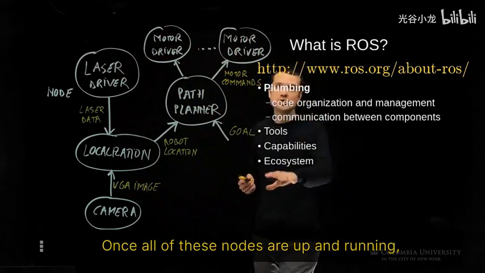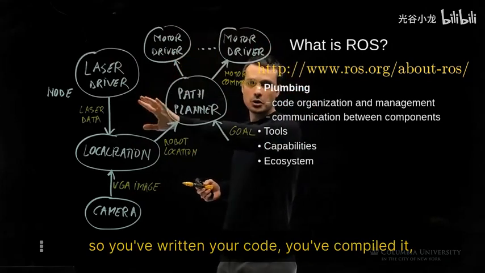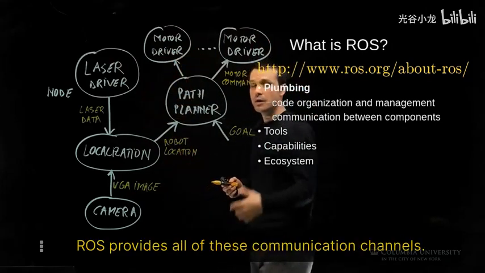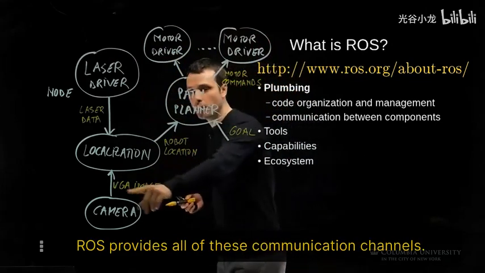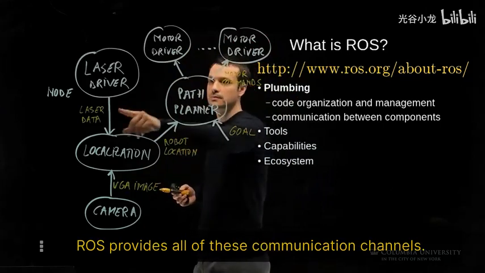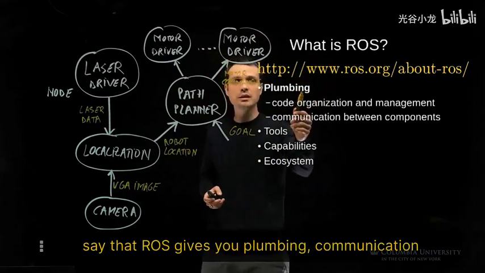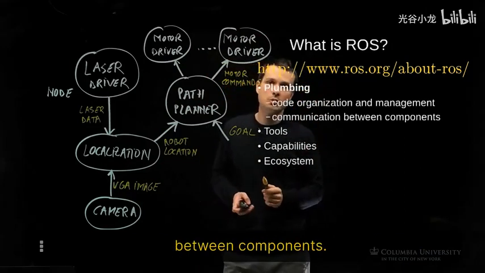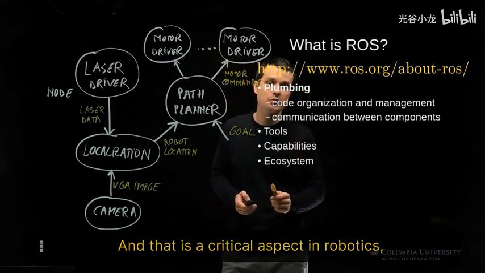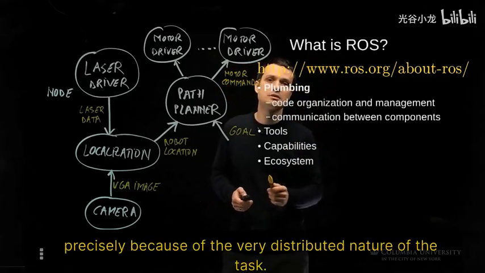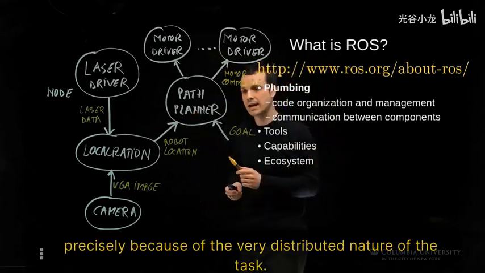Once all of these nodes are up and running, so you've written your code, compiled it, and run it, ROS provides all of these communication channels. This is what they mean when they say that ROS gives you plumbing, communication between components. And that is a critical aspect in robotics precisely because of the very distributed nature of the task.